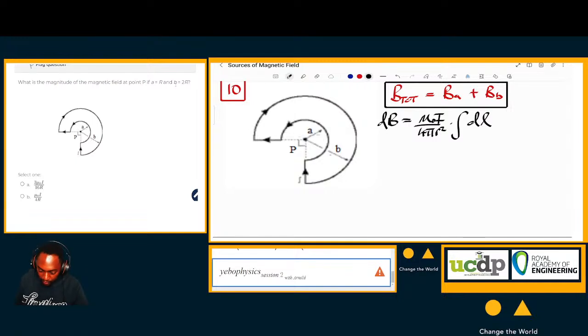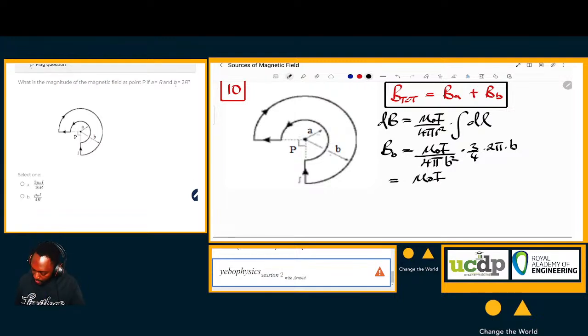Okay, so basically this is going to be B of B being equal to mu naught I over 4 pi. The radius squared for B, okay, or let me just say B squared times 3/4 of 2 pi B. Okay, now let's simplify mu naught I over 4 pi.